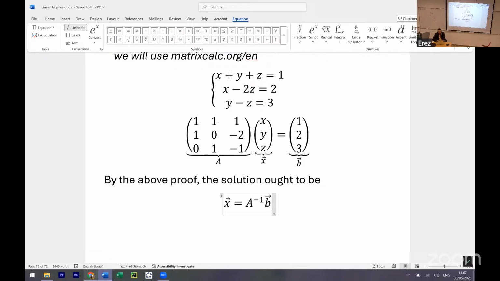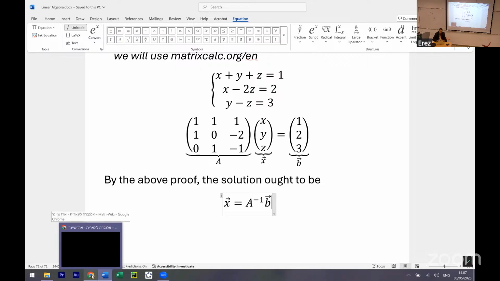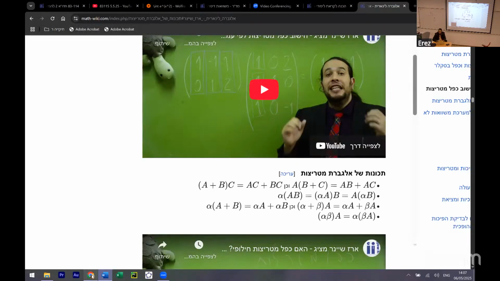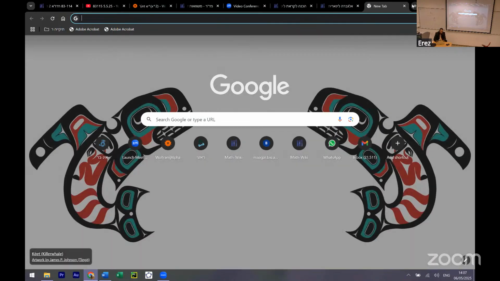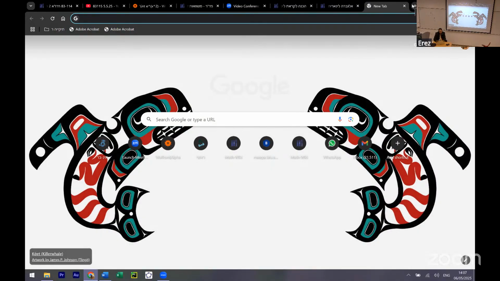But like I said, we didn't learn yet how to make sure the matrix is invertible and how to calculate the inverse. So we'll use the computer for now. Then we'll take a break, and when we get back, I will show you how to make sure it's invertible.